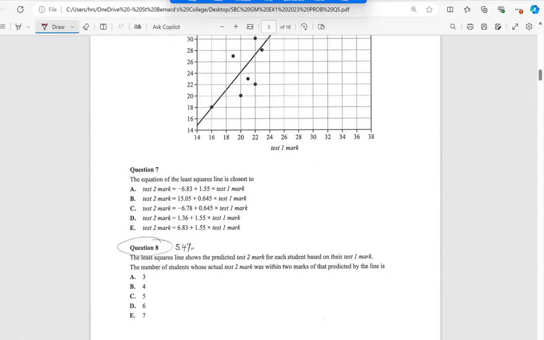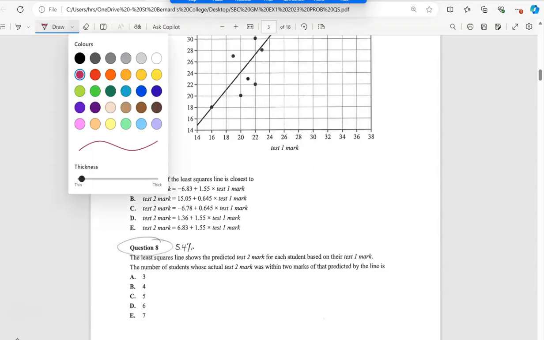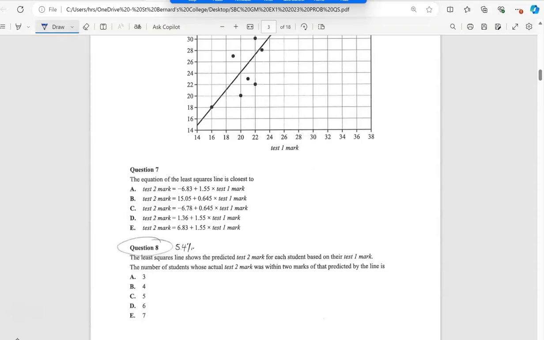What they're actually saying there is the difference between what you actually got, which is the dot value, and what the line predicts. That's a residual. It's like an error, like how far off were we? And if the dot is above, we underestimated, because the line's underneath. If the dot was below, we've overestimated.